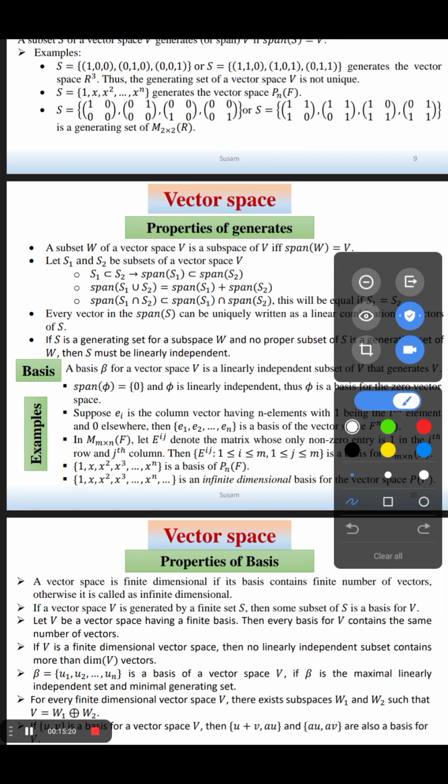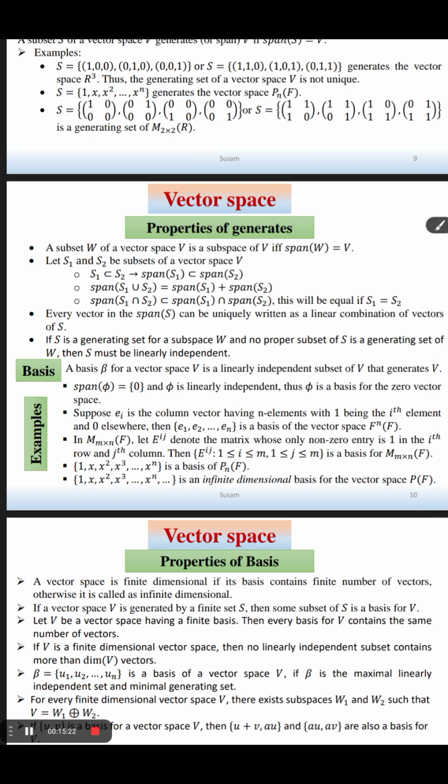There are some properties of generates I have mentioned, which you already know. If S1 and S2 are subsets of a vector space V, S1 subset of S2 implies span of S1 is a subset of span of S2. If a set contains fewer elements, obviously the possible linear combinations must be a subset of those of the superset. Span of S1 union S2 is span of S1 plus span of S2.